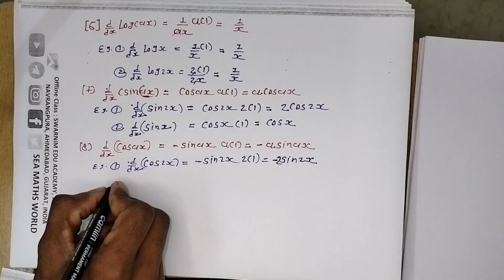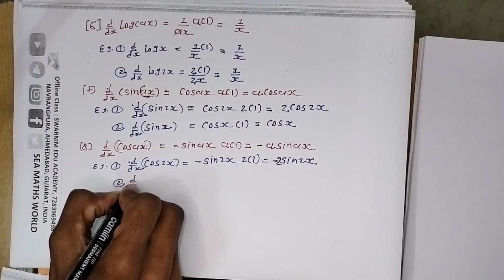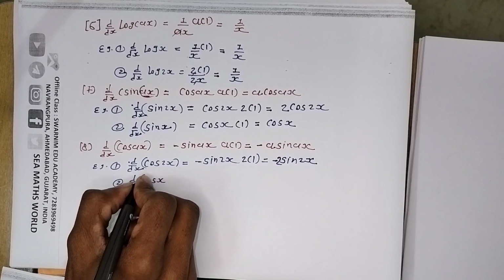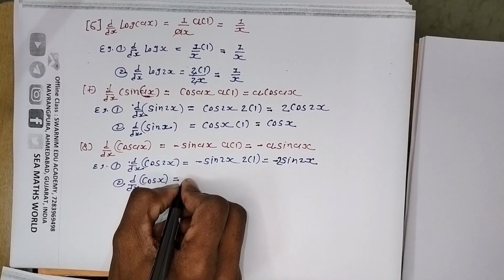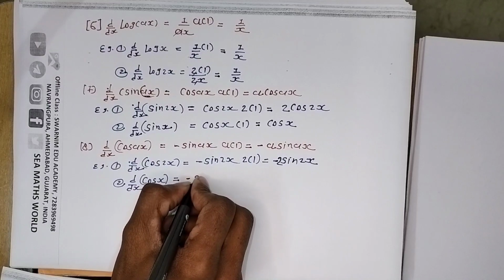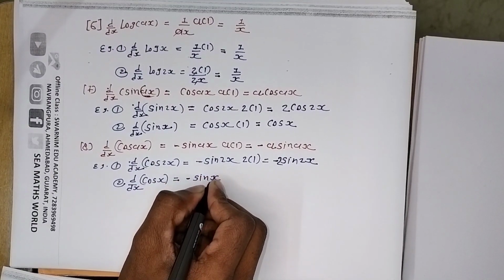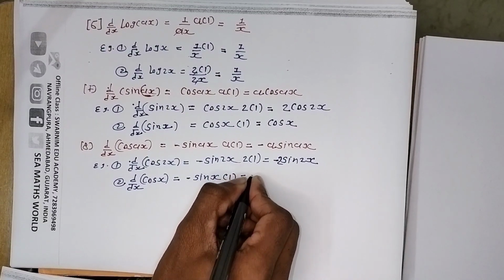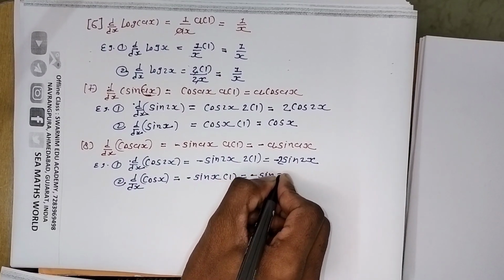One more example: differentiation of cos x. Cos x differentiation is minus sin x. Then the angle is x, x differentiation is 1. So finally minus sin x.